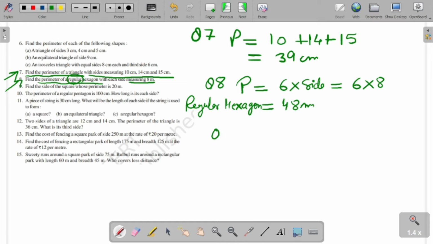Then we move to question number 9. In question number 9, find the side of the square whose perimeter is 20.